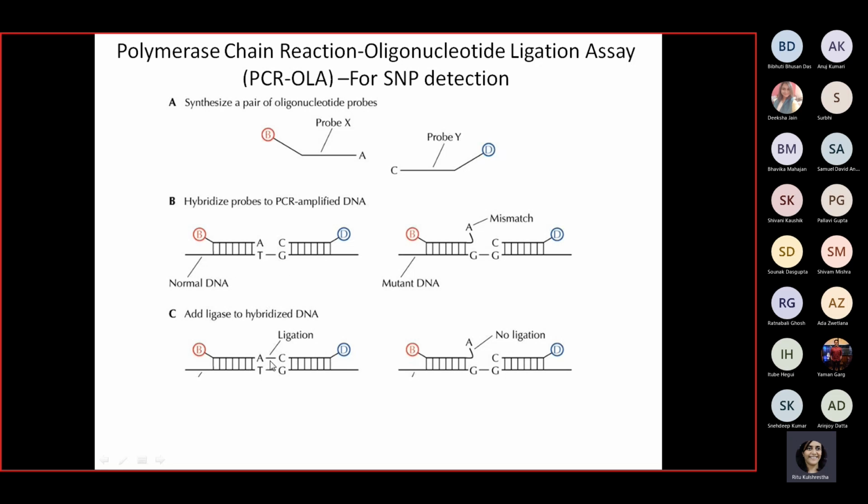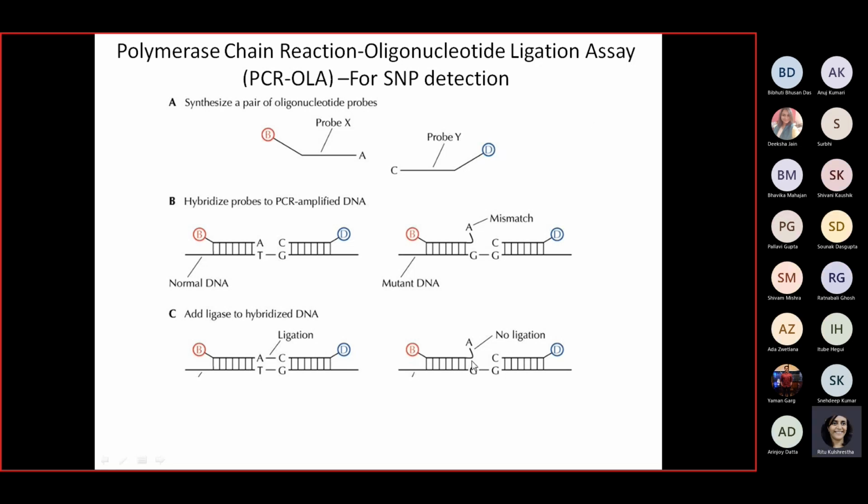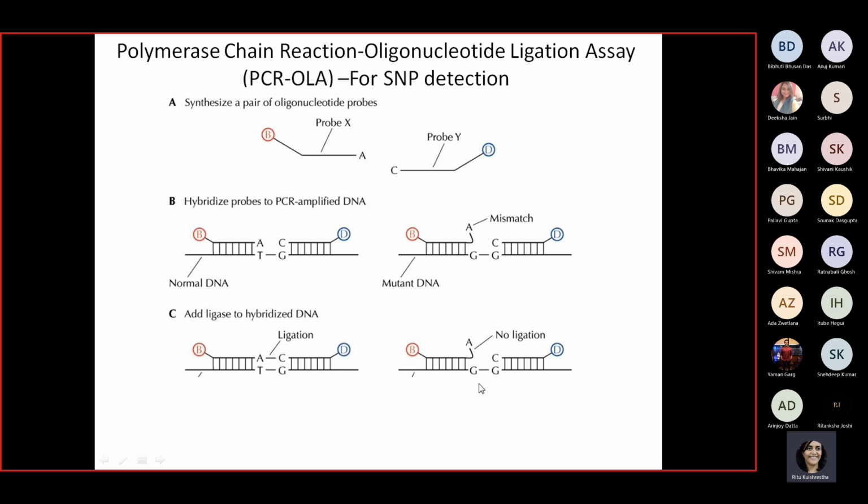In this case, because A was bound here, you will get a phosphodiester bond made between A and C. While in this case, where you don't have the right nucleotide, there will be no ligation, because this was hanging here. It was not bound to this particular nucleotide.